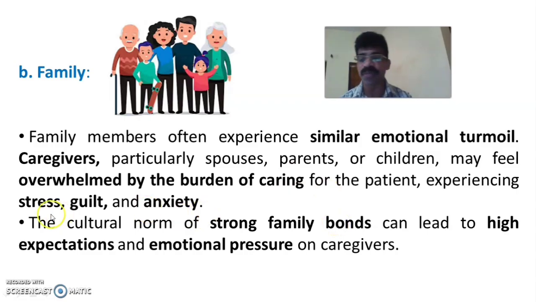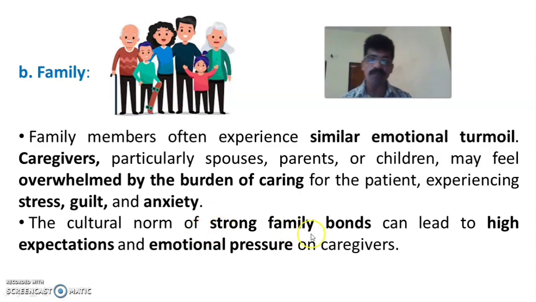That may lead to stress, guilt and anxiety, because they have additional duty or work to take care of the person who is suffering in the family. In addition, in some cultural practices, families keep a strong family bond. There, the expectation of caregiving will be more for the caregiver.